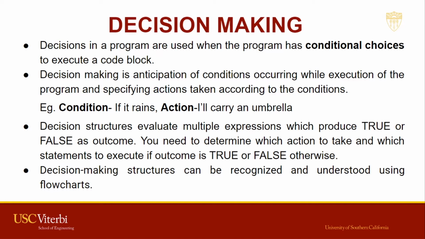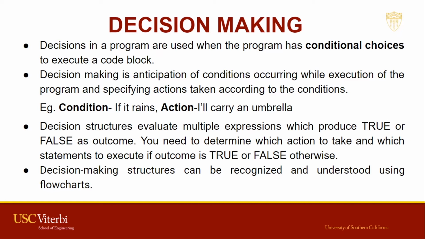Now, decision structures evaluate expressions which produce true or false as the outcome, which means that a condition can either be true or false. It cannot be simultaneously true and false. It has to be in only one of these states.